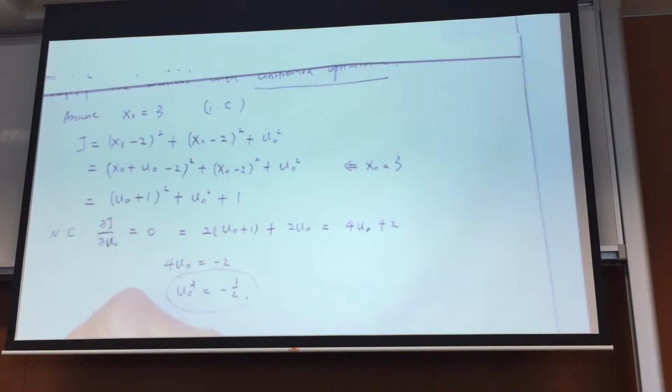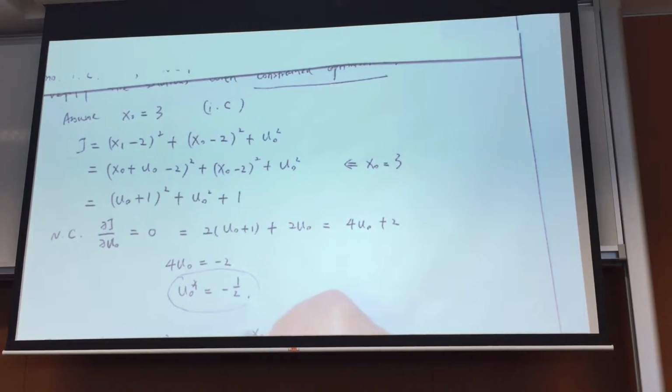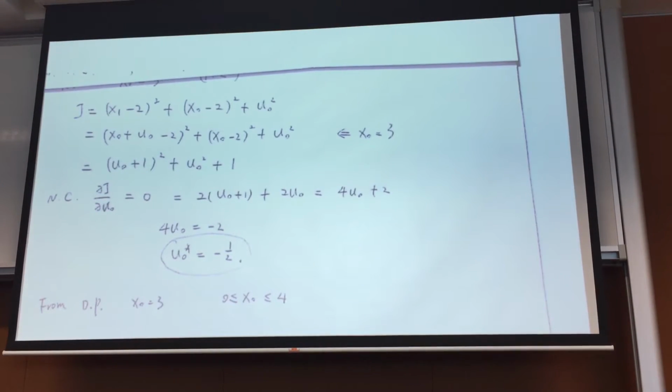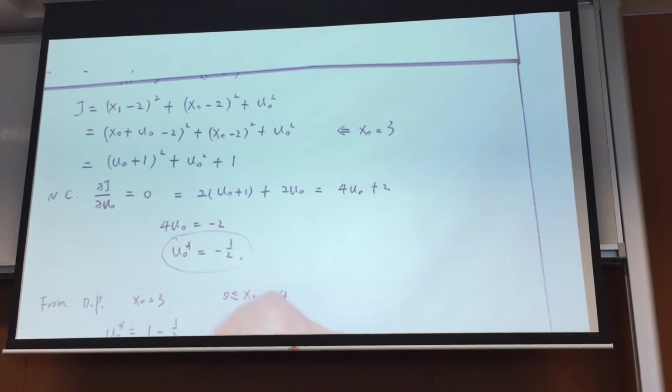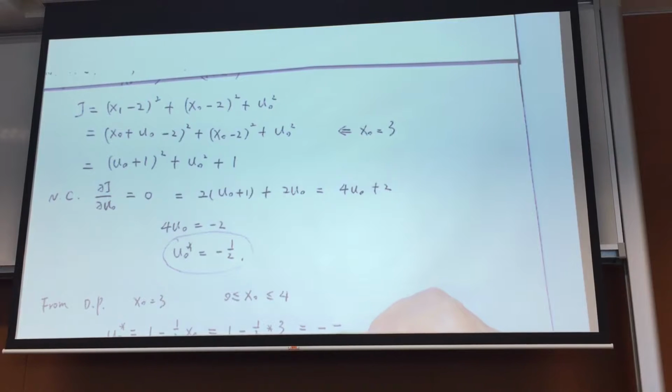And also, as we just discussed from dynamic programming, if x0 equal to 3, so x0 is between 0 and 4, then u0 star is given by 1 minus a half x0. So it's given by 1 minus a half multiplied by 3, and we get minus a half.